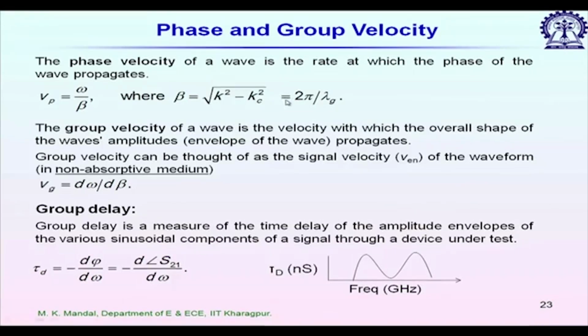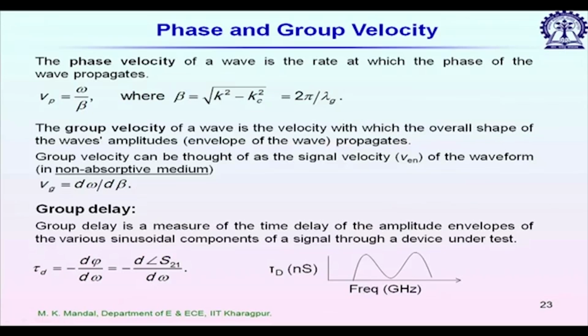Beta is approximately equal to 2 pi by lambda g, where lambda g represents the guided wavelength. That means in free space the wavelength is lambda naught. At 60 gigahertz, let us say, in free space the wavelength is 5 millimeter, but when the signal propagates through any medium or any wave guiding structure, its wavelength changes.